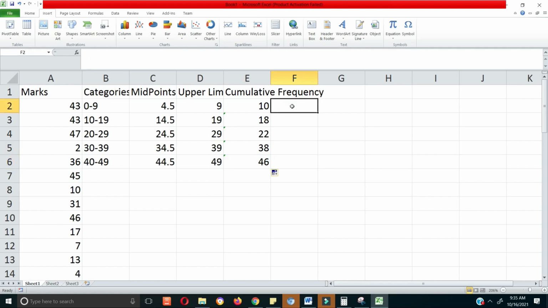So the actual frequency is going to be 10, 18 minus 10 is 8, 22 minus 18 is 4, then 38 minus 22 is 16, then 46 minus 16.